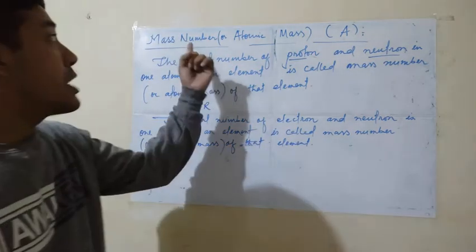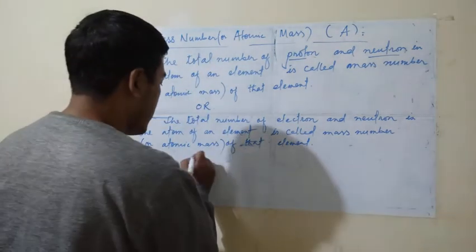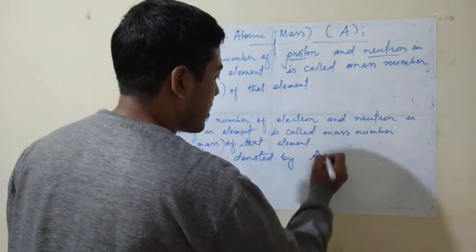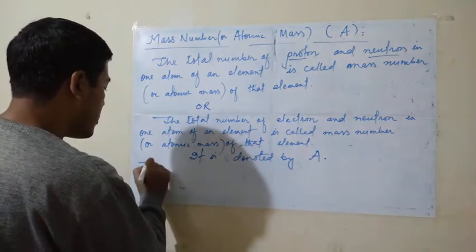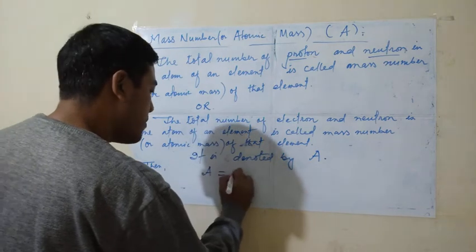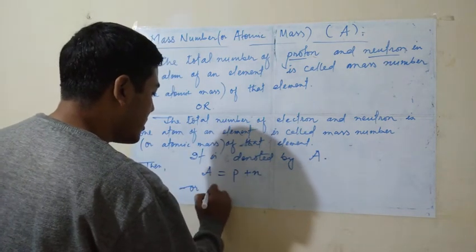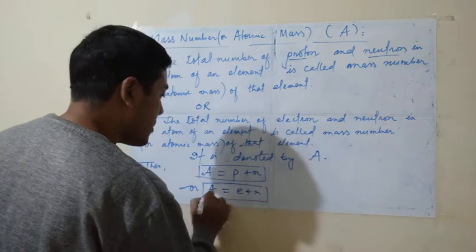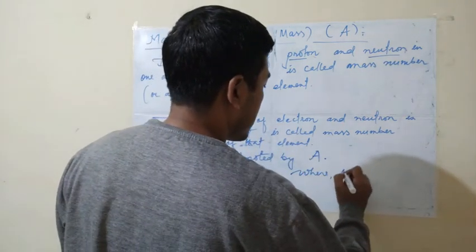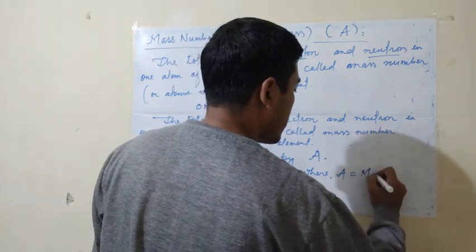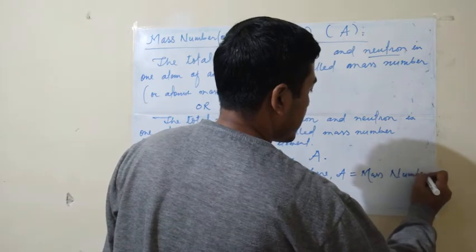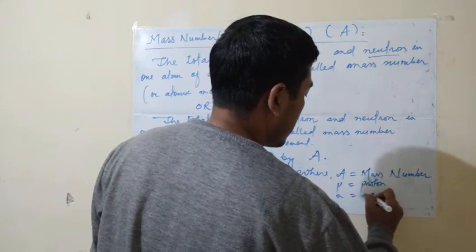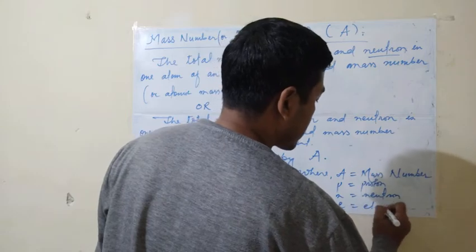Here the atomic mass or the mass number is denoted by the capital letter A. Then I write in this order: A is equal to P plus N, or we can write like this: A is equal to E plus N. Where A is equal to mass number, P is equal to proton, N is equal to neutron, and E is equal to electron.